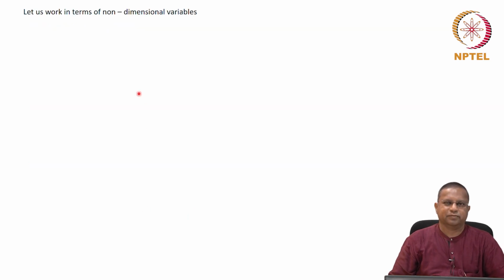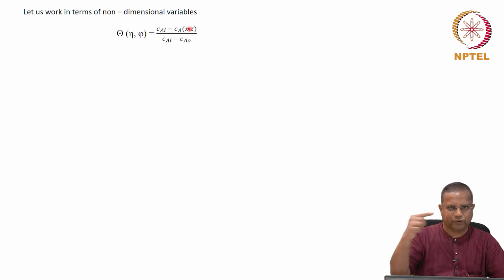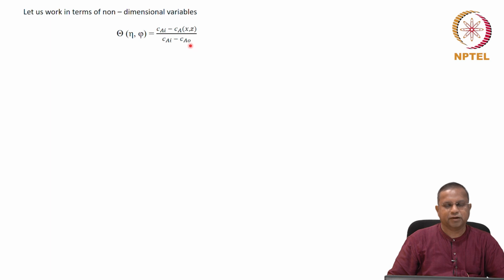Now we prefer to work with non-dimensional variables. It makes our solution general. We have already seen many examples so far. So we'll do the same here. Let us define a certain theta as a function of eta and phi as Cai minus Ca, where Ca, of course, is a function of x and z, divided by Cai minus Ca0.